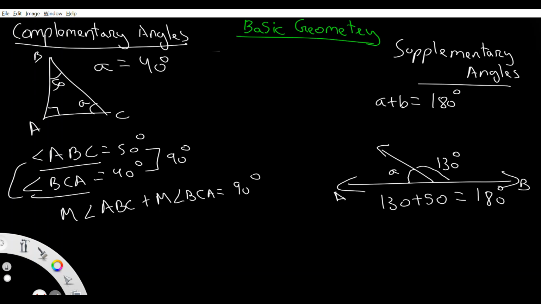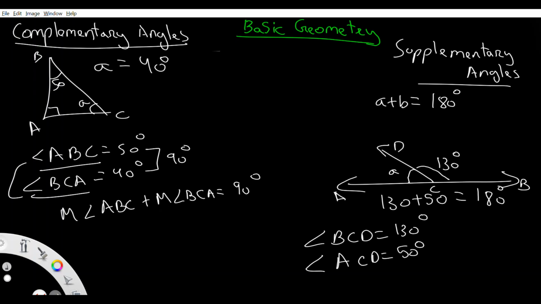So let's name this A, B, C, and D. So angle BCD is equal to 130 degrees, and angle ACD is equal to 50 degrees.